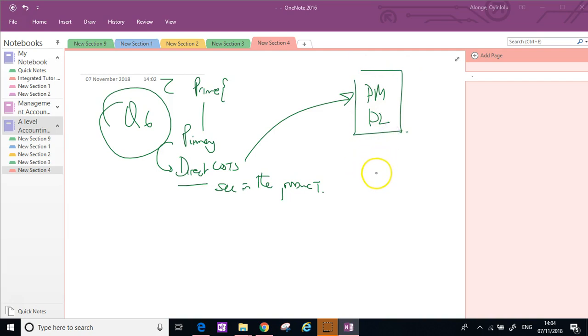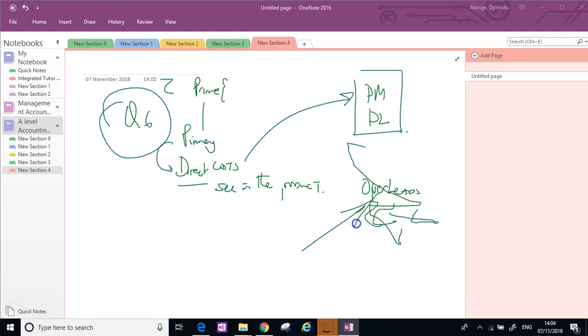Now, you can have overheads in the factory that might even be variable. So you can have variable overheads, but overheads are never direct costs. It's not about behavior, it's about the element of the cost itself.